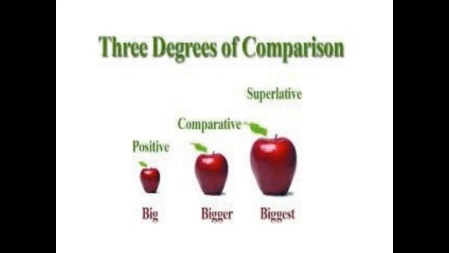If you can see the cursor moving, the second one is bigger than the first one. But the third one is the biggest out of all the three apples. So this is where degrees of comparison is used, when we are making a comparison between the different sizes, basically, of the adjectives, right?